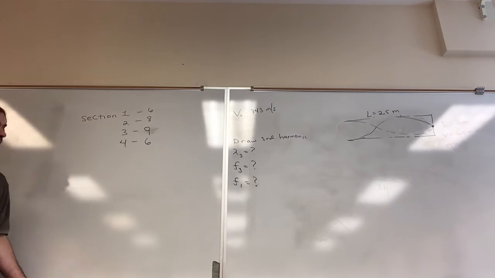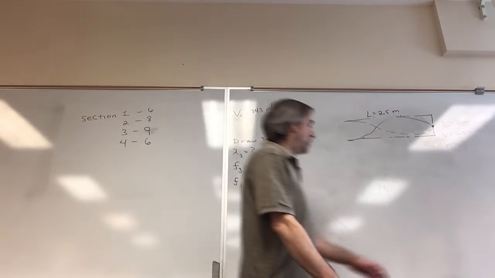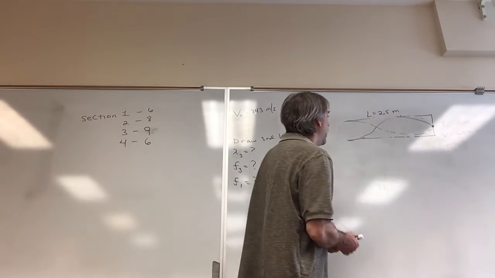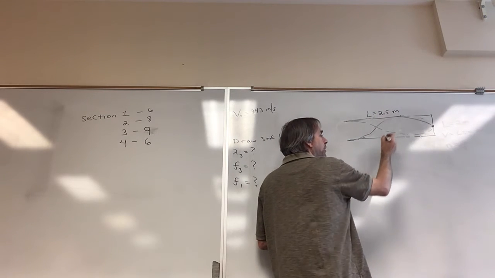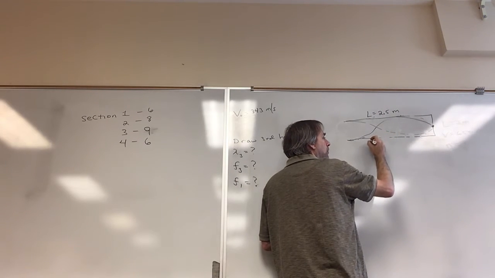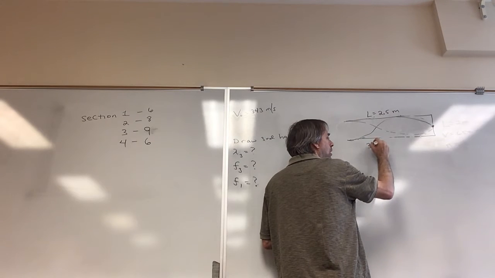So I like to start with the fundamental, where you fit the biggest wave that you can, and I'll draw the fundamental as well. So this would be the third harmonic.